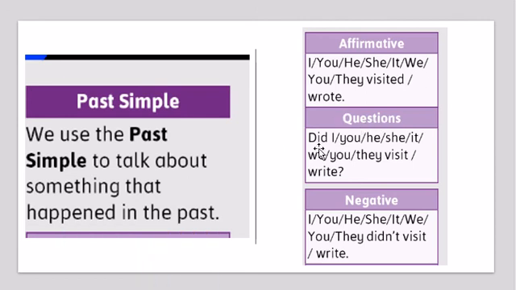In questions, we use did I, or did you, or did they visit your uncle or your grandmother. Negative form, I didn't visit or I didn't write. We use didn't plus the base form of the verb. I didn't visit. I didn't write.